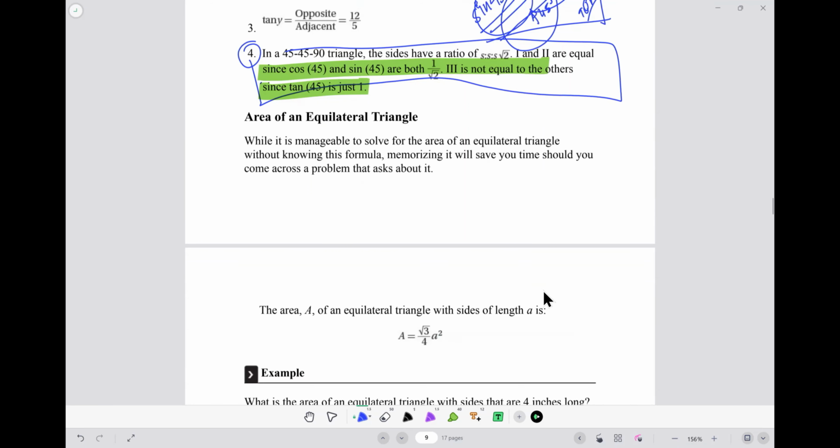How will that technique look? Consider this is our triangle. This is 45 degree, this is also 45 degree, and this is 90 degree. Now write this side as A, this side as B, and this side as C.